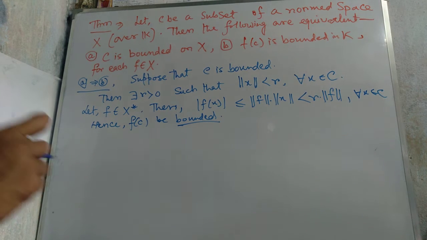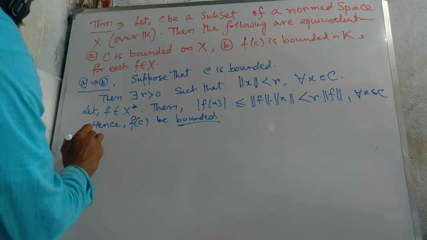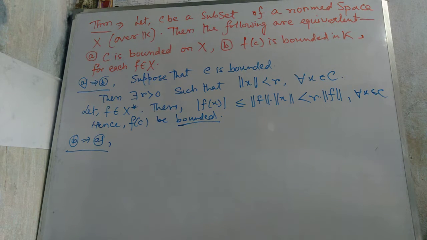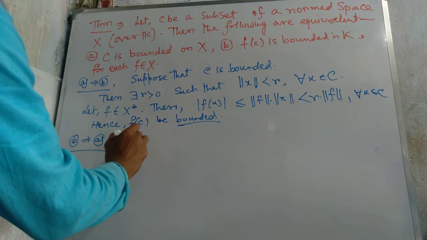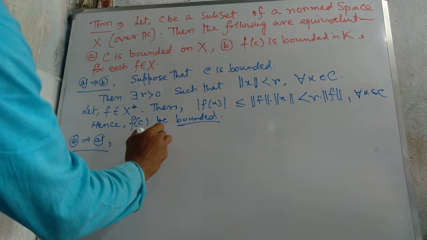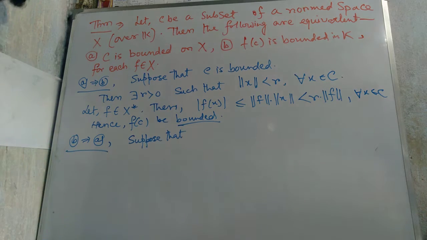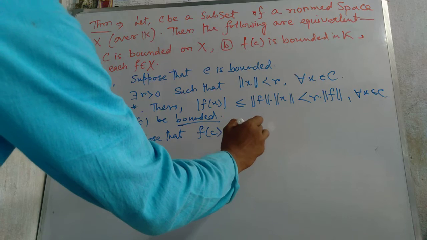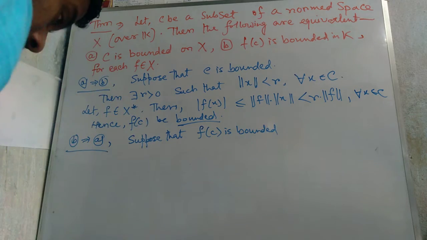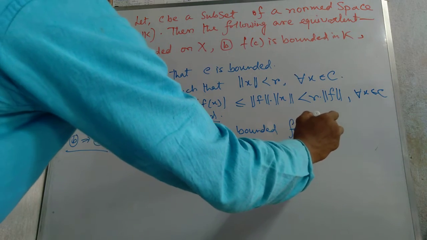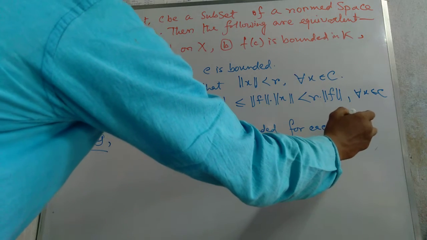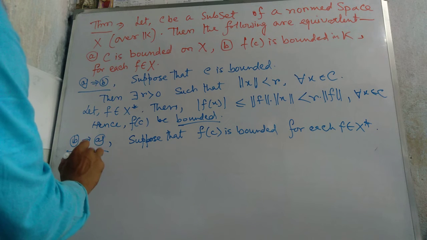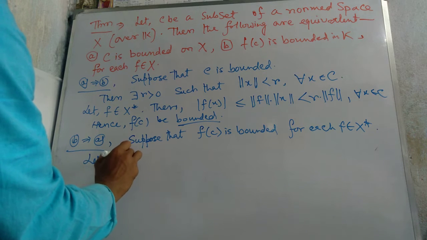Now we write B implies A. Suppose that f(C) is bounded for each f belonging to X dual. Let x belong to C.